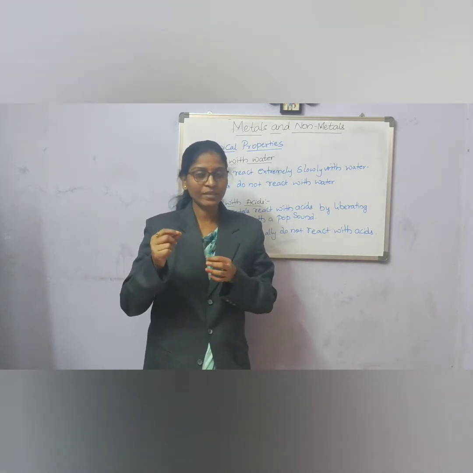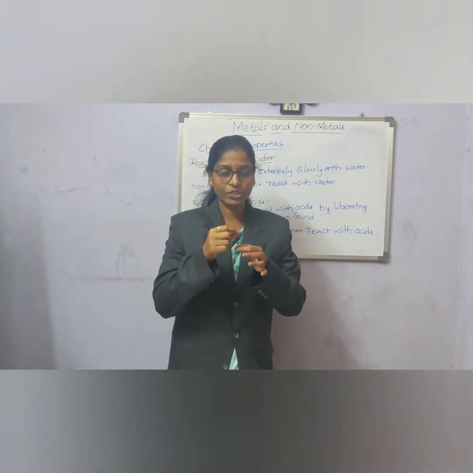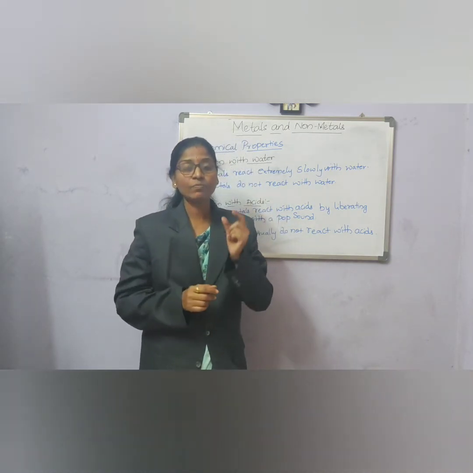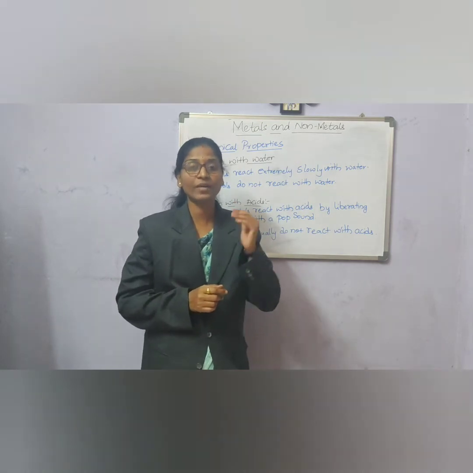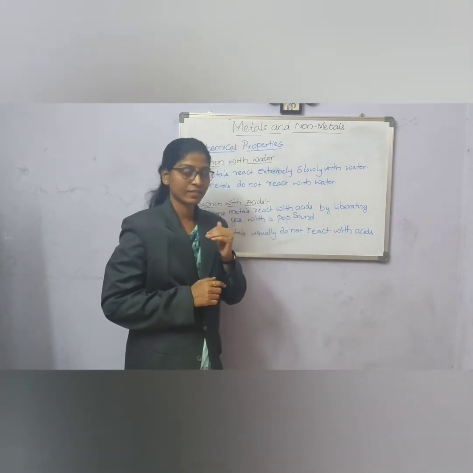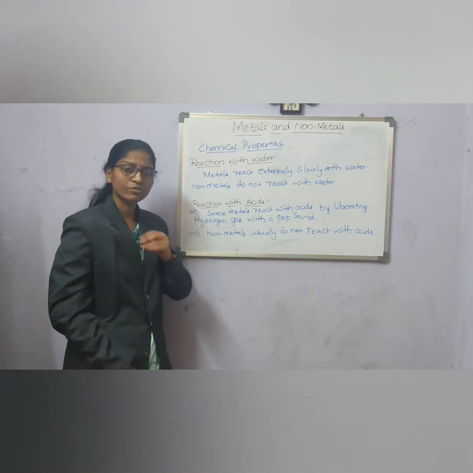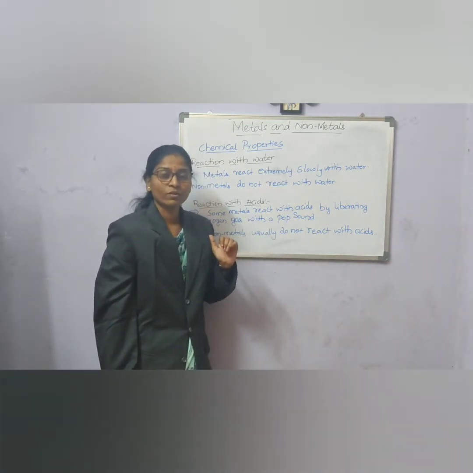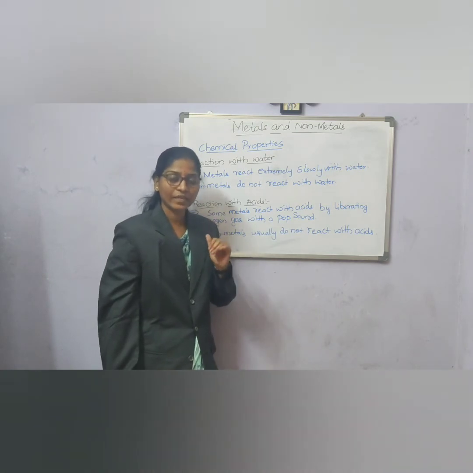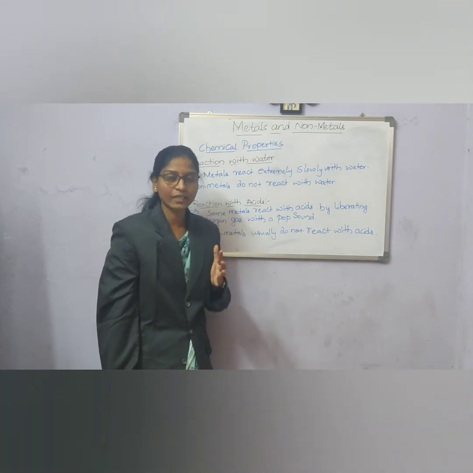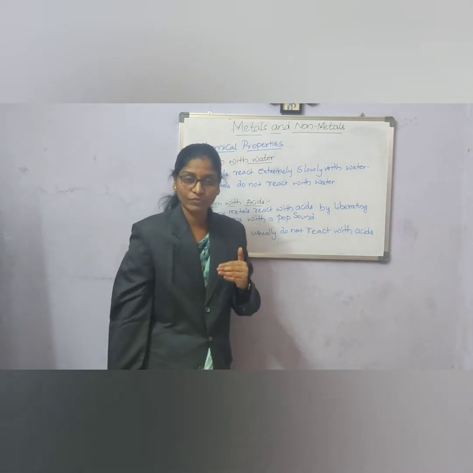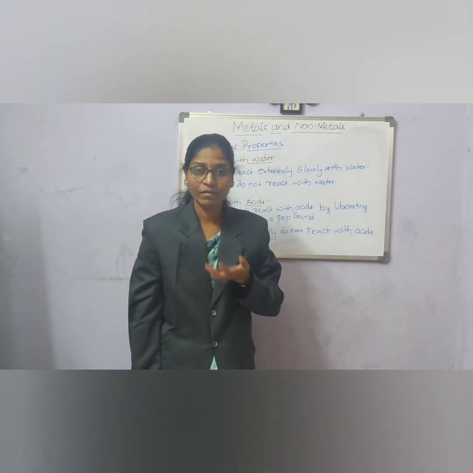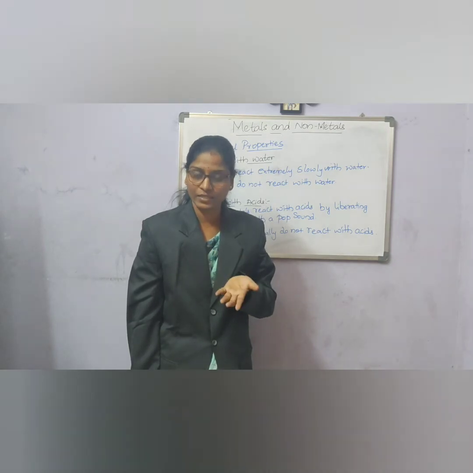If we bring a matchstick near the test tube, a pop sound is given. This pop sound shows the liberation of hydrogen gas. Non-metals usually do not react with acids. So we have seen the reaction of the metals and non-metals with air, water and acids.